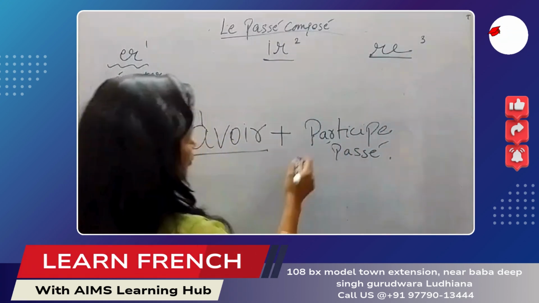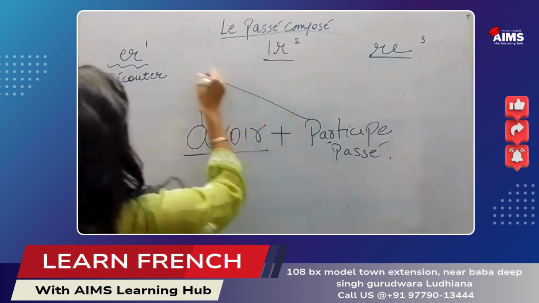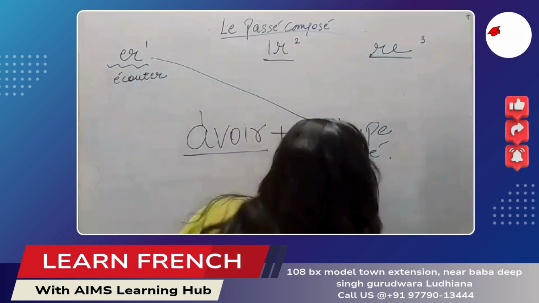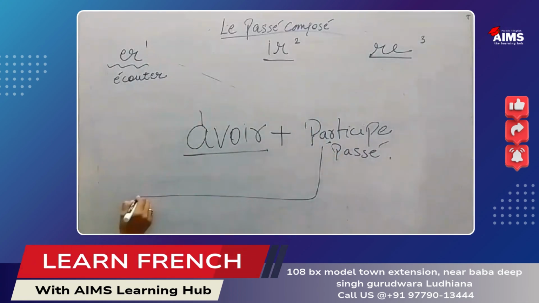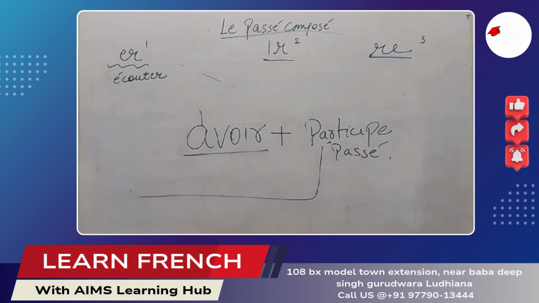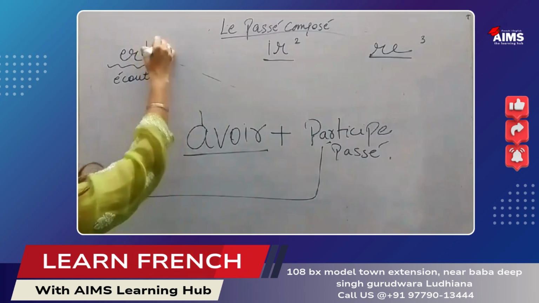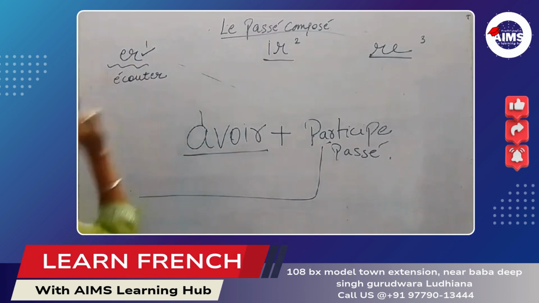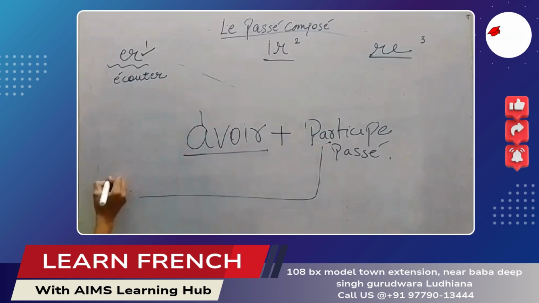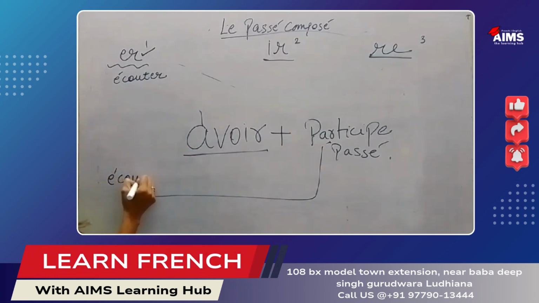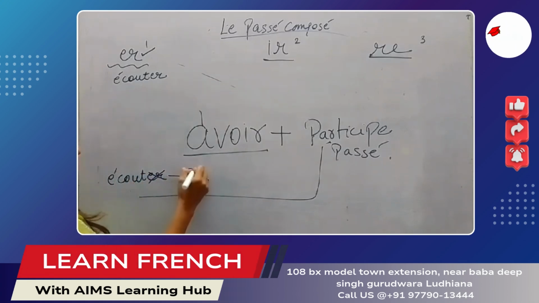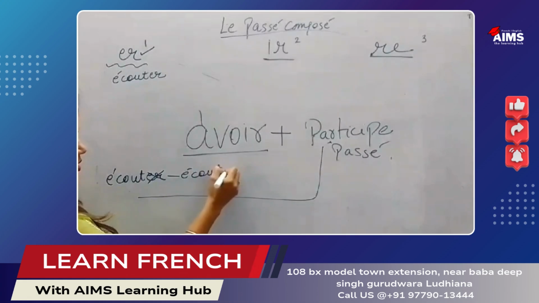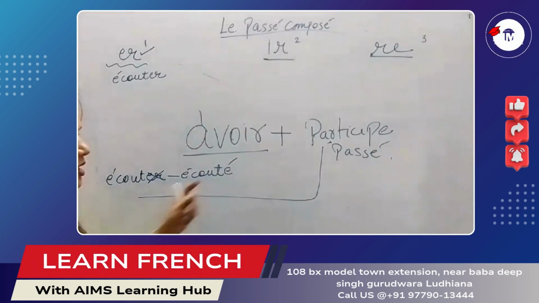Participe passé. What is participe passé? See, le verbe er. Okay. How to make the participe passé? Écouter. Enlever er. You are left with this. Ajouter accent aigu. Add the accent aigu.